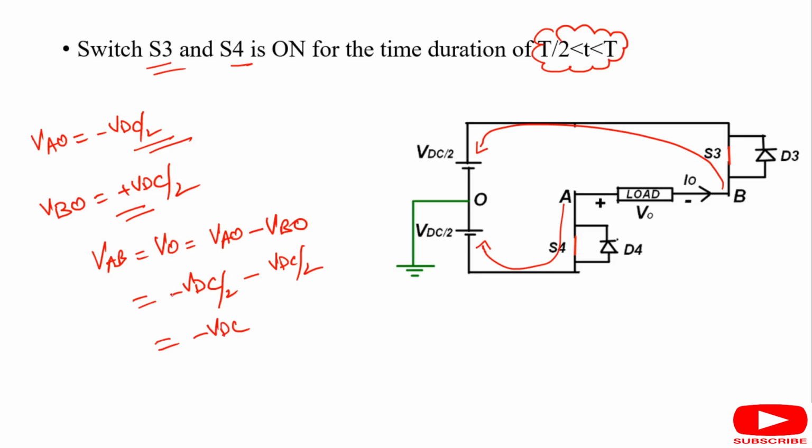So guys, during the switching operation of S3 and S4 for the time duration of T by 2 to T, the voltage appearing across the load is minus VDC.